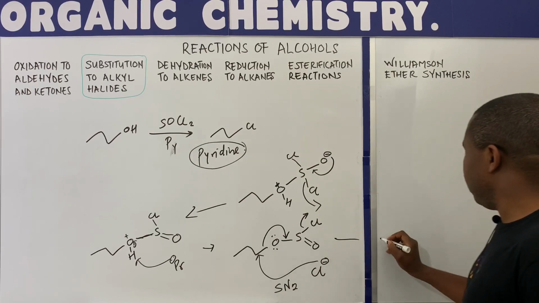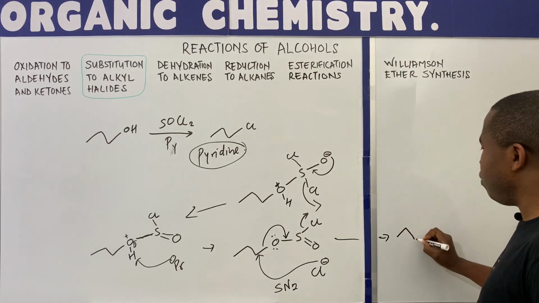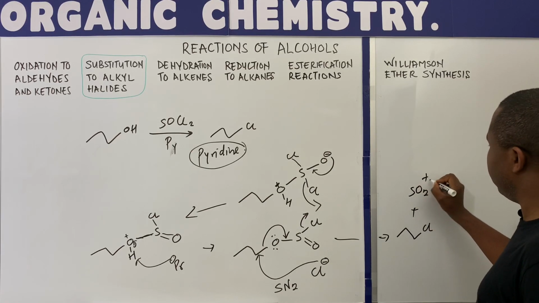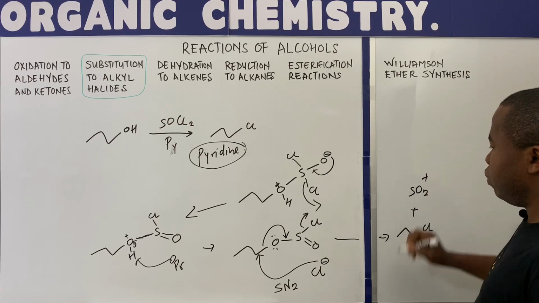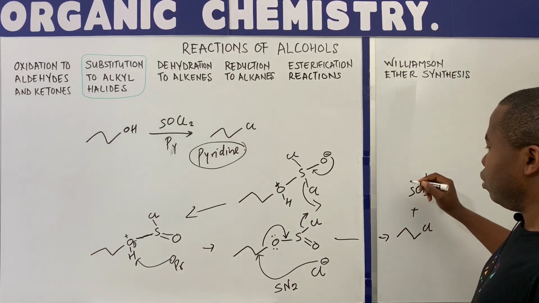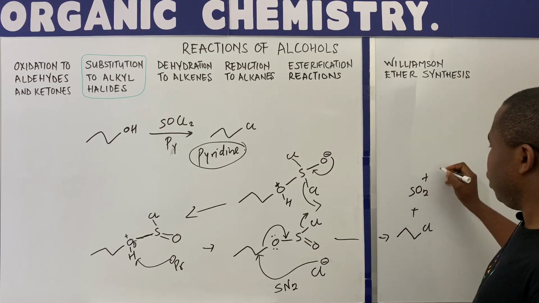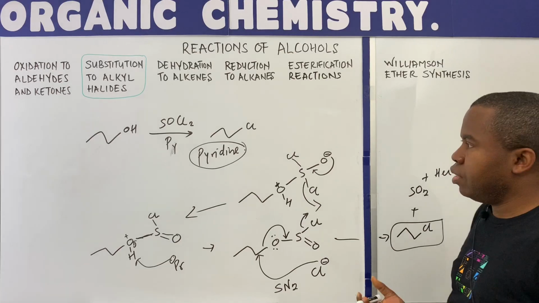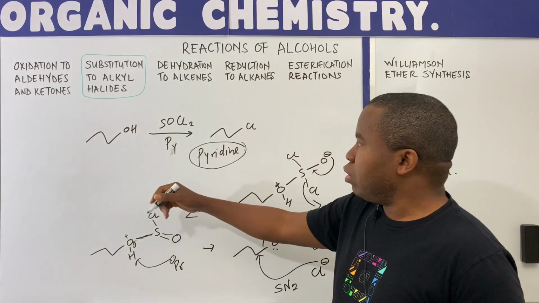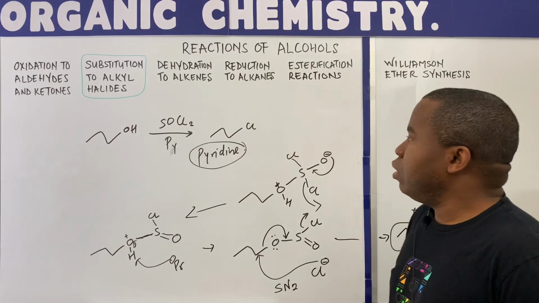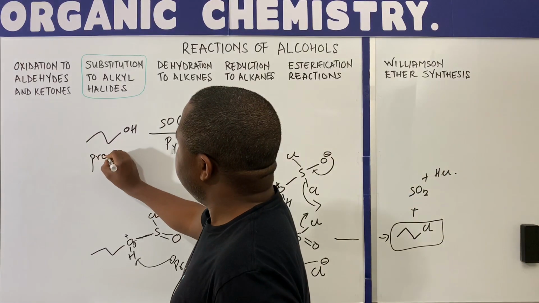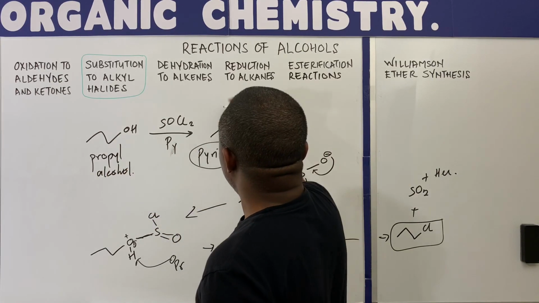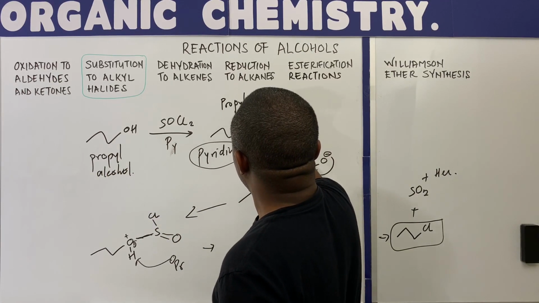So we form our product, plus SO2, plus HCl. So we form an alkyl chloride starting from an alcohol. From propyl alcohol, we're able to form propyl chloride.